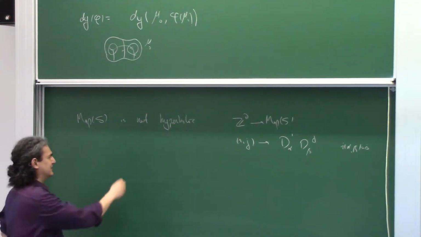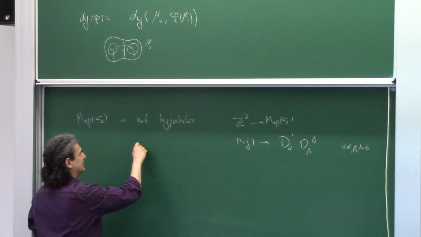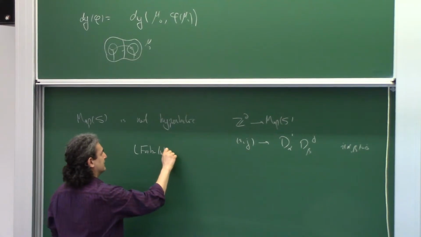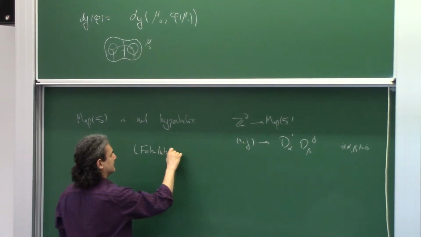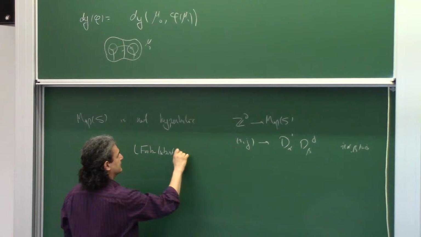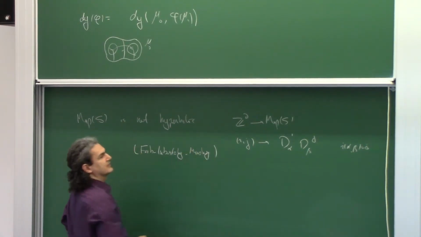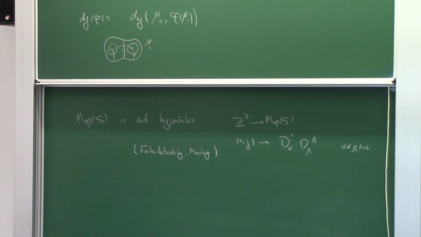In fact, this, I think, follows from the work of Farb and Minsky. They prove that the word length of the Dehn twist grows linearly.